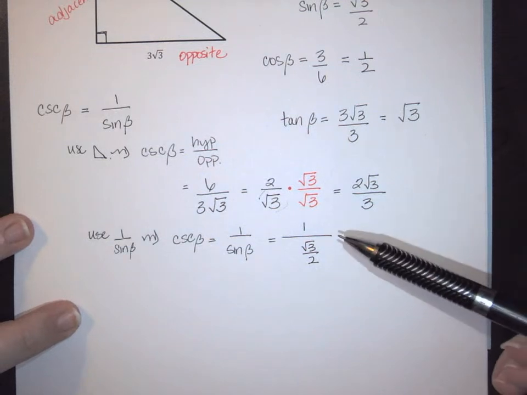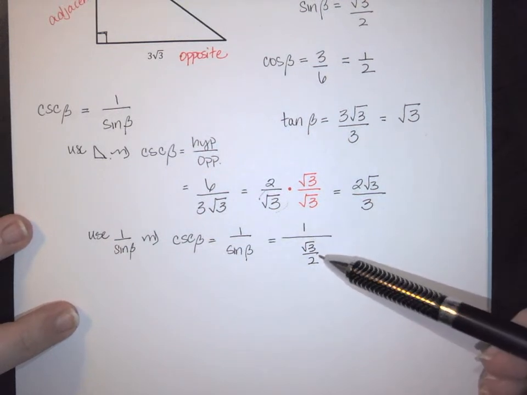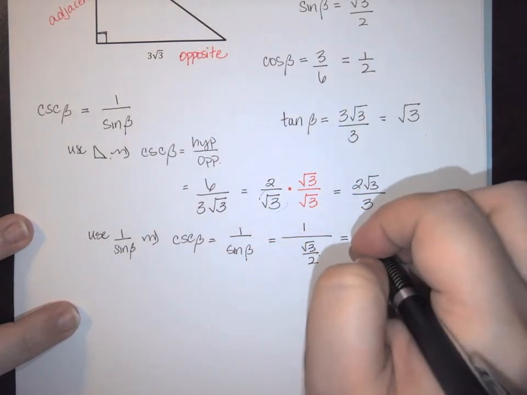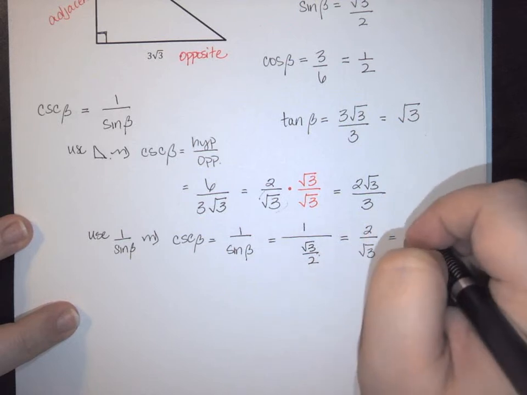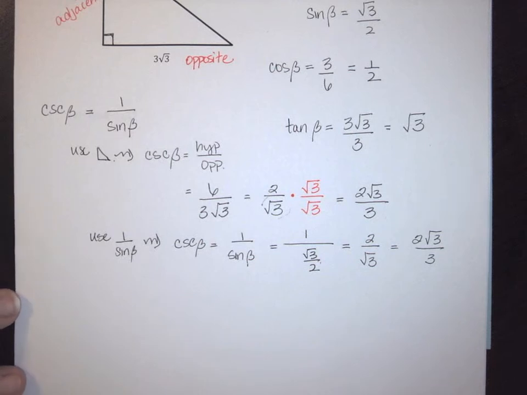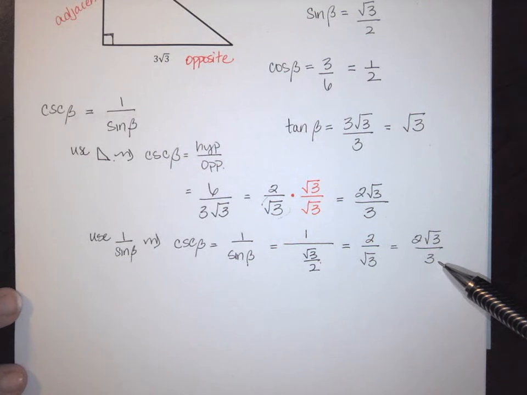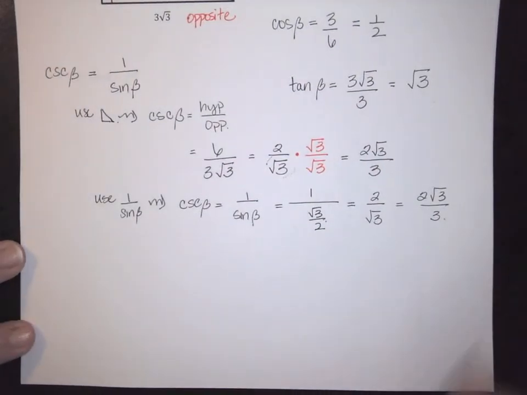Well, your fraction rules say you keep the top and multiply by the reciprocal of the bottom. So this becomes 1 times 2 over the square root of 3, which gives me 2 square roots of 3 over 3. So you can see in both of these you came up with the same answer, but they had a different approach. So either approach is going to work. It just depends on what you want to do.